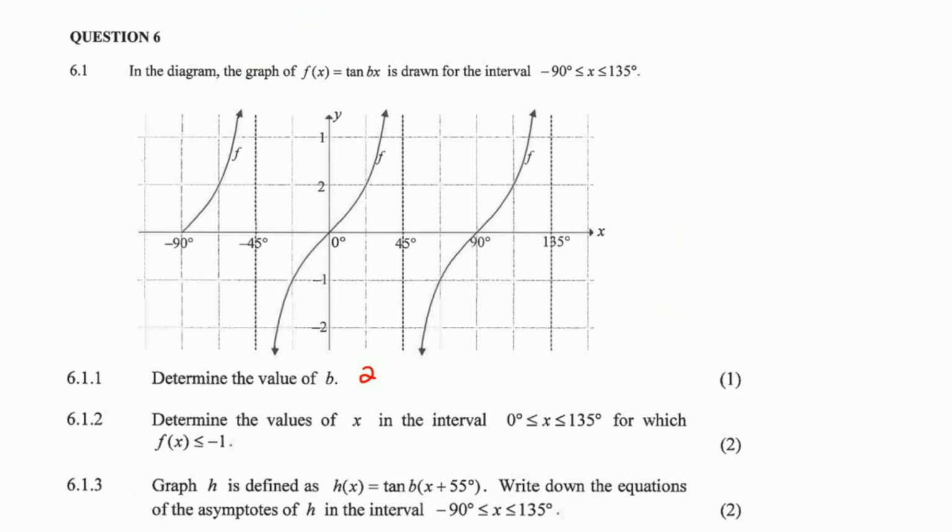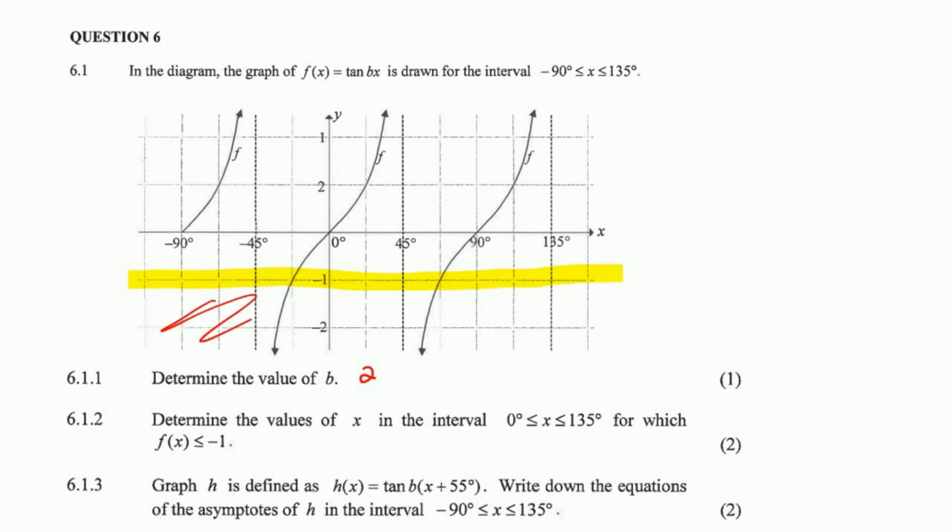Next one. Determine the values of x for which the graph f of x is smaller or equal to -1. Okay, so what we're going to do is go to -1, and I'm going to highlight the entire -1. So they literally just want to know, where is the graph smaller than -1?